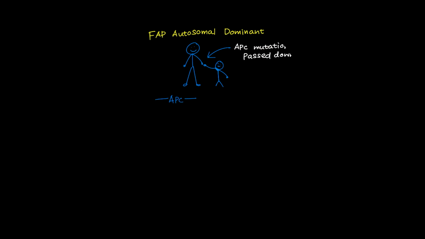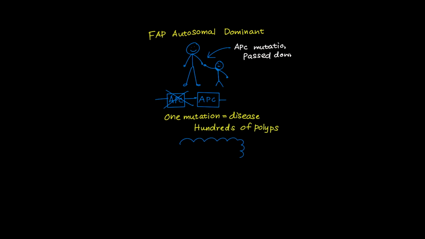Because APC works as a dominant acting tumor control gene in this context, the one mutated allele alone disrupts normal cell growth regulation. That is why patients with FAP develop hundreds or even thousands of polyps in the colon by their 20s. Any one of those polyps can later pick up additional mutations and turn malignant, which is why colectomy is often recommended before cancer develops.